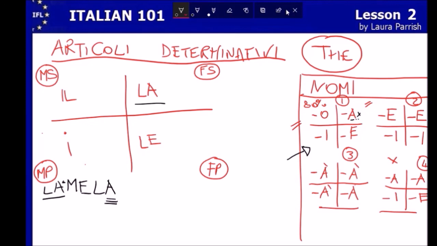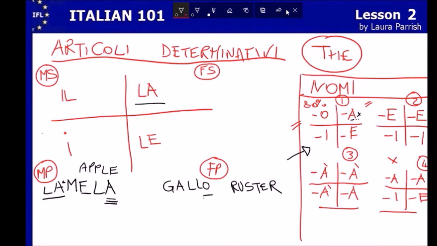Okay? Let's go with another word. Let's say gallo. Okay, gallo is a rooster. Let's also write that it is a rooster just in case my pronunciation is not clear. Mela instead is the apple. Now let's see gallo.